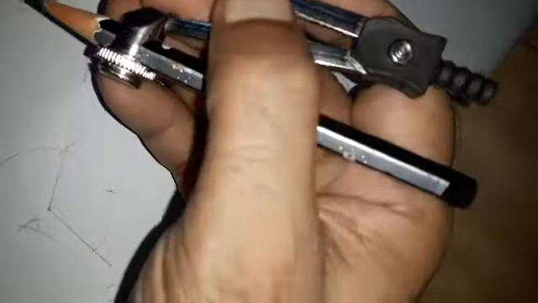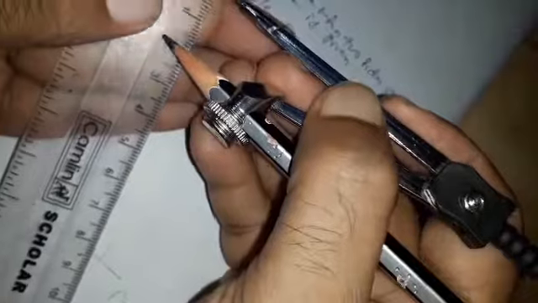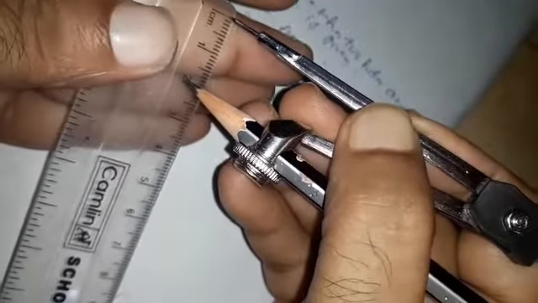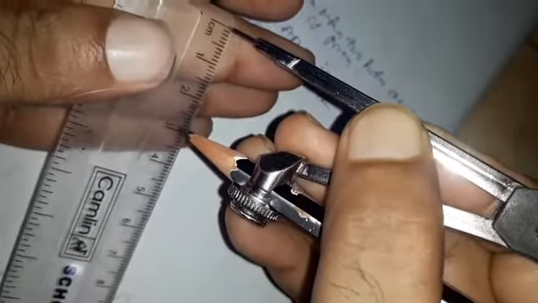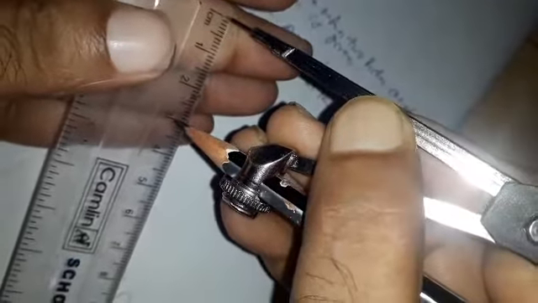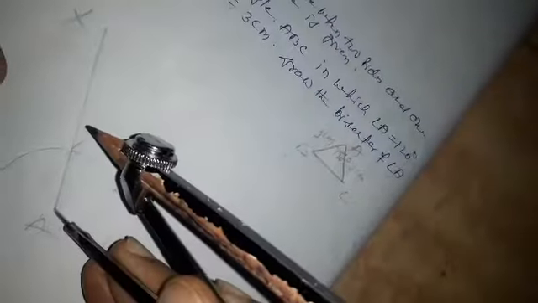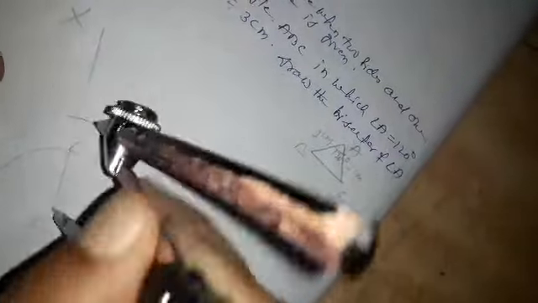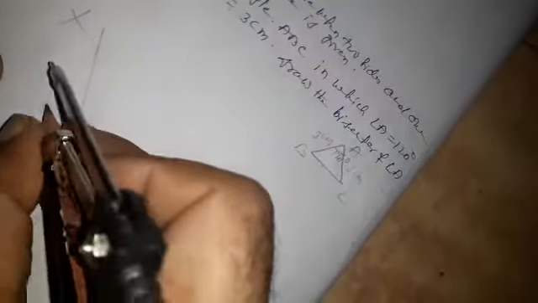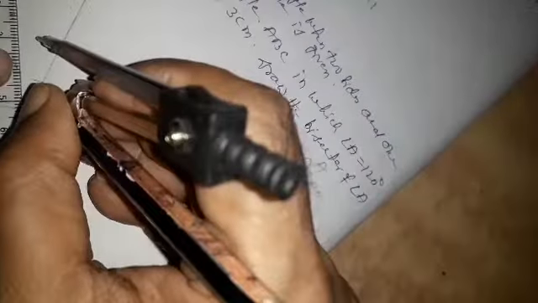Along AX, cut off AC equal to 3 centimeter. This point is C, and join BC.